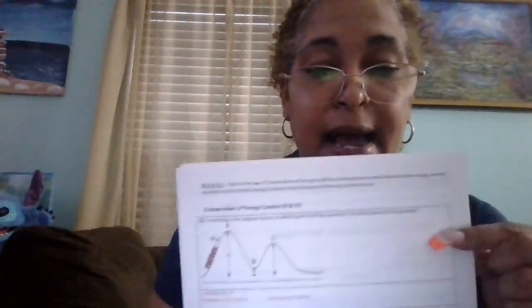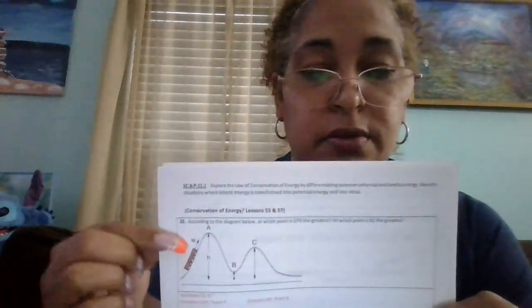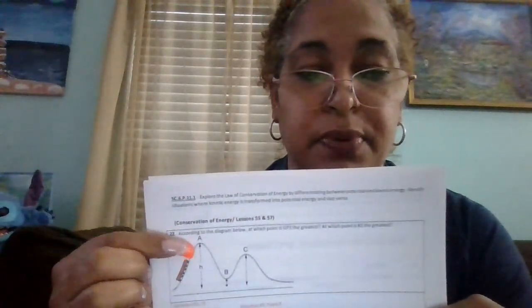Use the diagram above to explain how energy is conserved during the roller coaster ride. The total amount of energy in the system remains constant. And the reason for that: in the beginning of the roller coaster, this is manually pulled up.